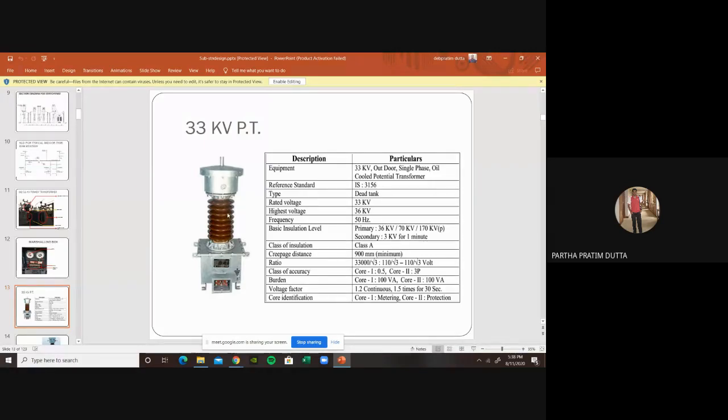It is a sort of specification, and we usually maintain 900 millimeter minimum. The ratio, as I told you, is 33 by 110 by root 3. Class of accuracy for core 1 is 0.5, core 2 is 3P. And for the burden, we usually use a standard burden of 100 VA.